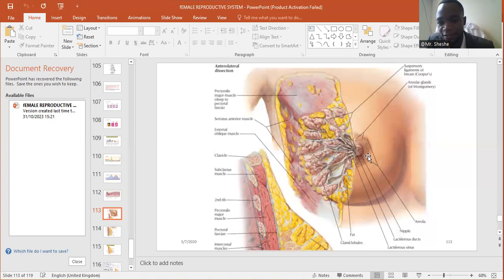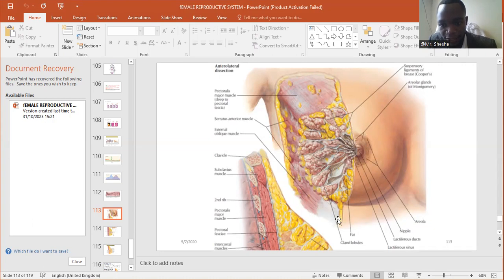In other races, the color may be variable. The areola becomes even darker during pregnancy, under the influence of pregnancy hormones. Estrogen and progesterone make this area darker. So that is the areola. This is the nipple.